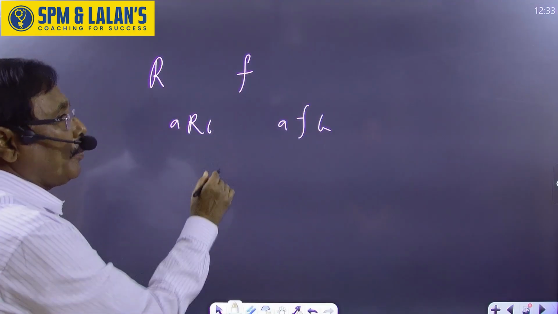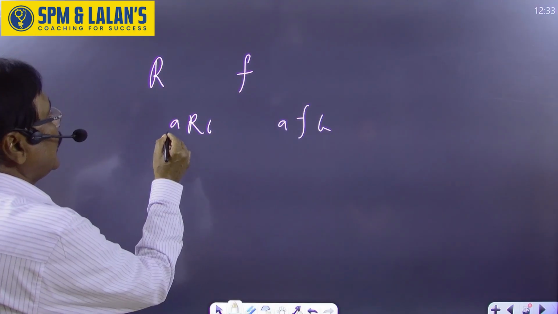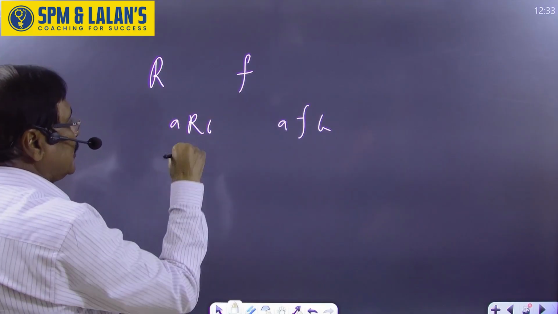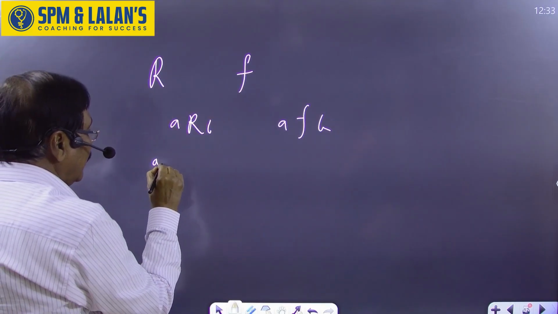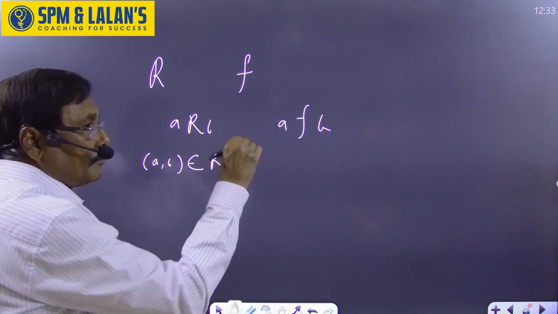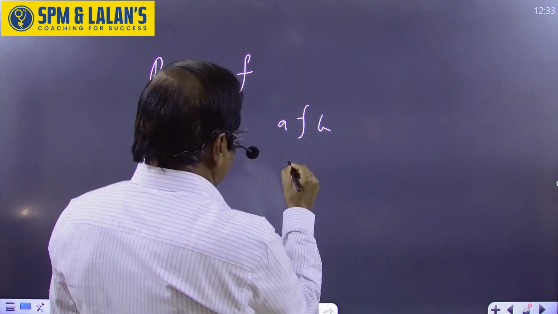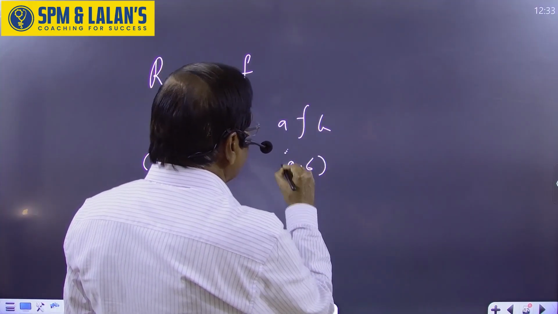A related to B clearly means all the elements of this relation, (a, b), belong to R. Similarly here, (a, b) belongs to F.